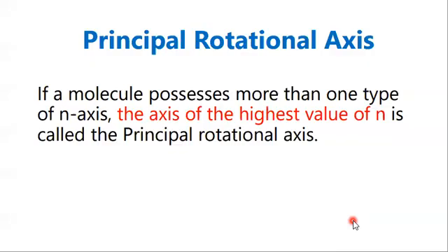In the case of boron trichloride, we have C2 and C3, so C3 is the principal rotational axis. You can try it yourself: in benzene you will find C2, C3, and C6 axes, and since 6 is the highest number, C6 is the principal rotational axis for benzene.